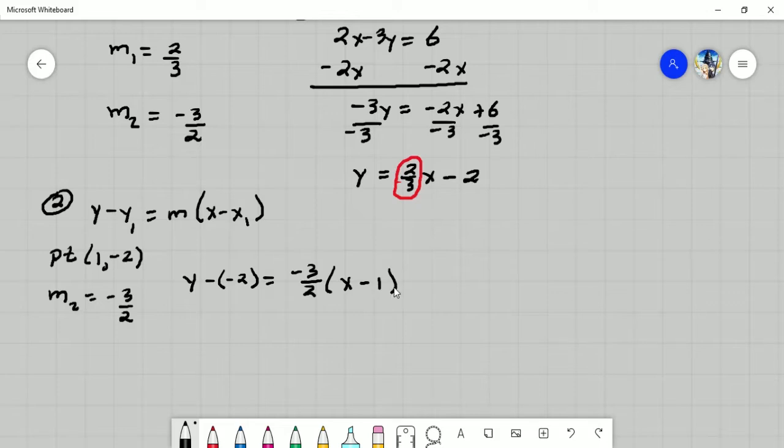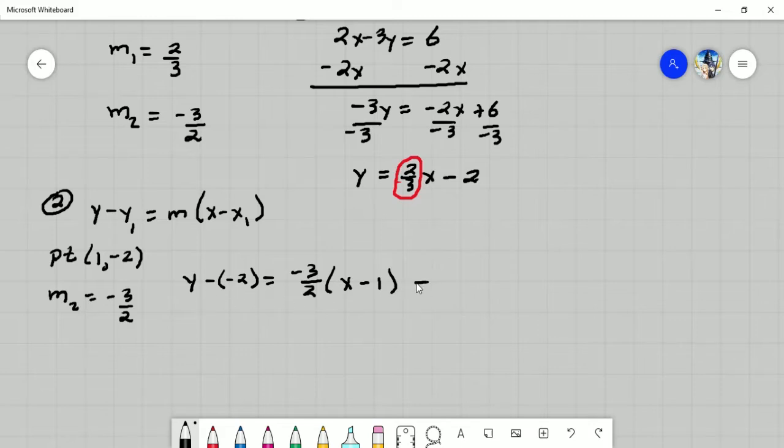There we go, better. Now that we have this, we can simplify and put it in the form they ask for, the slope-intercept form. So that's getting the y by itself.